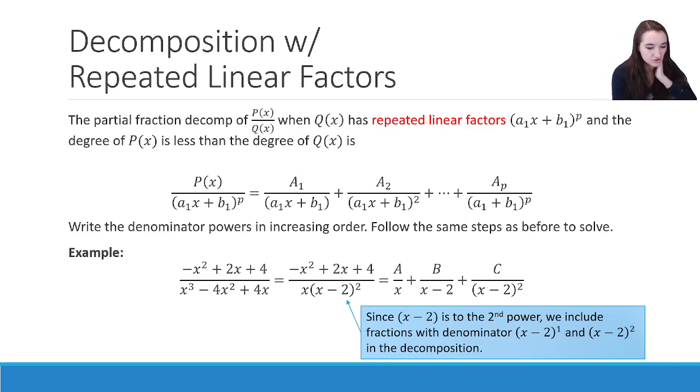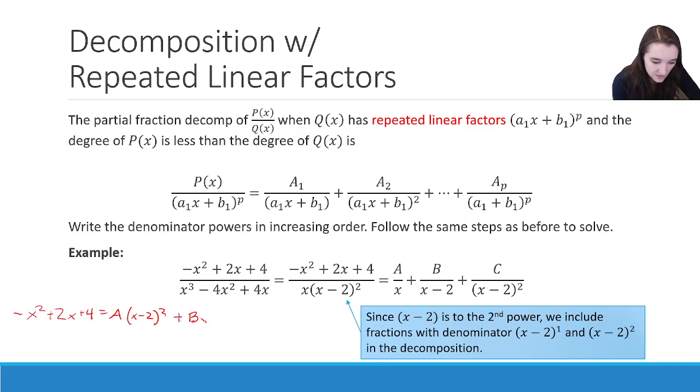So I just go through, I multiply by my common denominator. So when I do this, I'm going to end up with, let's see, there's not a heck of a lot of room here, but we will get negative x squared plus 2x plus 4 equals a times x minus 2 squared once it's canceled out.